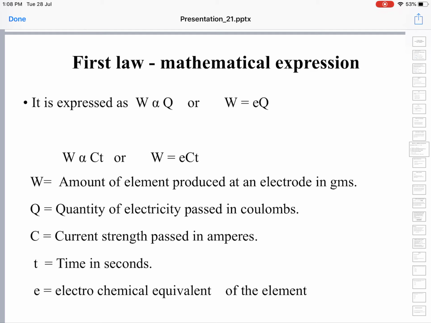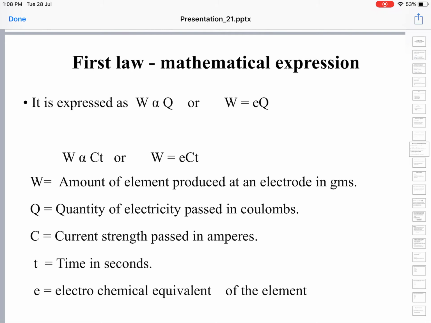If it is given in coulombs directly, you can use W is equal to eQ. Or if it is given, C is the strength of the current in amperes, whereas T is time in seconds.